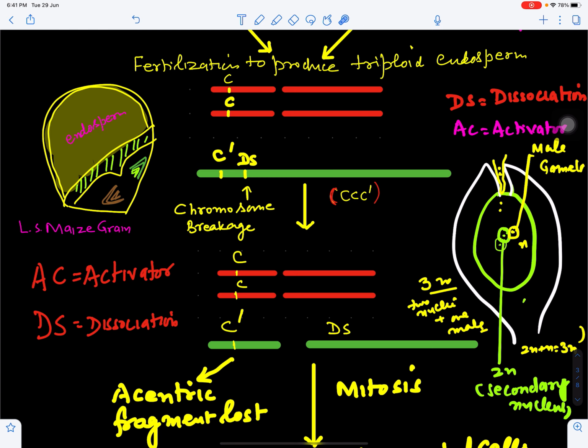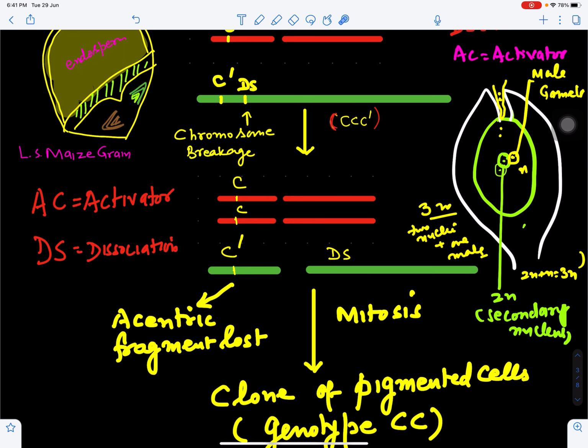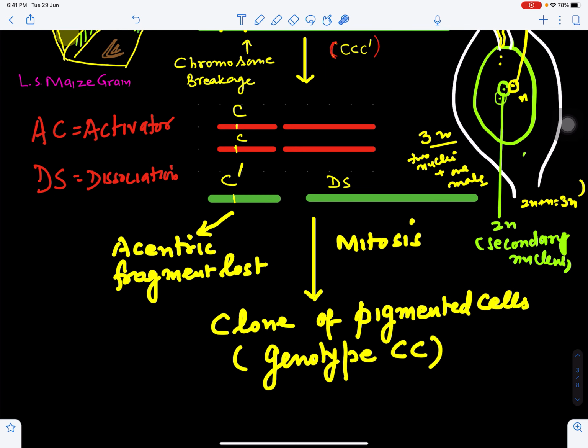This is C, C and this part of the chromosome. Now this C prime gene is an inhibitor of the aleurone layer of the maize, right? What is an inhibitor? This will not allow the maize gene to show its expression of color.